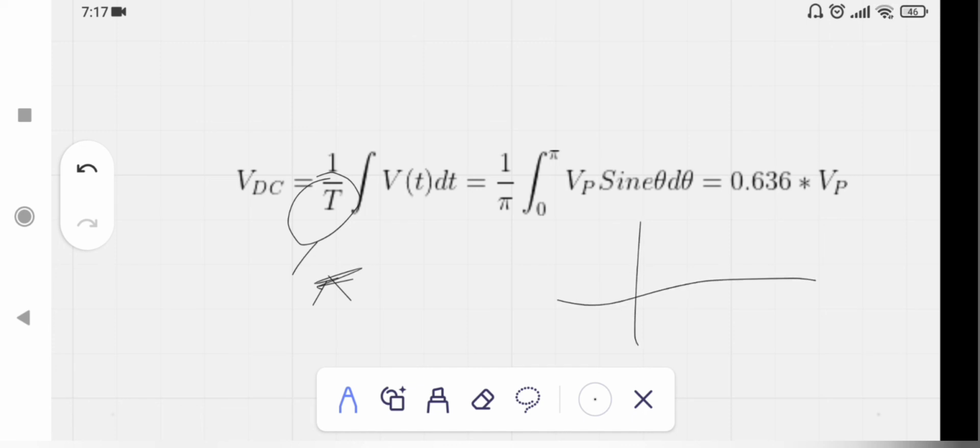Integrate over 0 to pi, these are the pulses, and each pulse appears after pi. This is the formula for area under the curve, and with the help of this formula we can get the average DC value of these pulses.